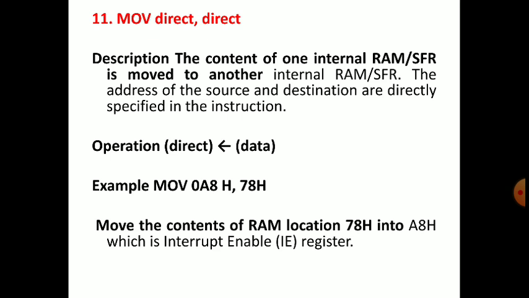The example is mov 0A8h, 78h. See why we are writing 0, because in the first chapter we have seen that the addresses have to start with a number. 0 is a number and A is an alphabet. So instead of writing A directly, we can write 0A.